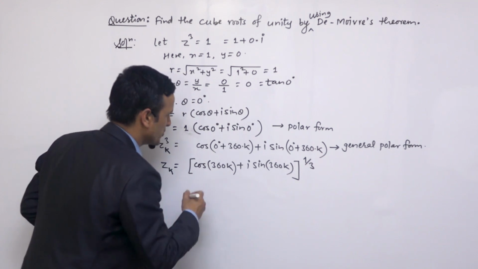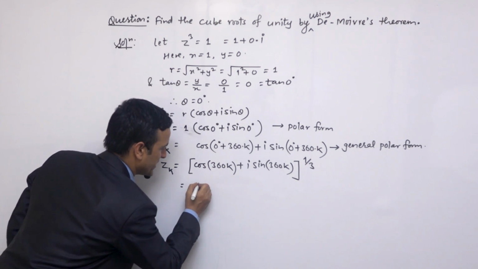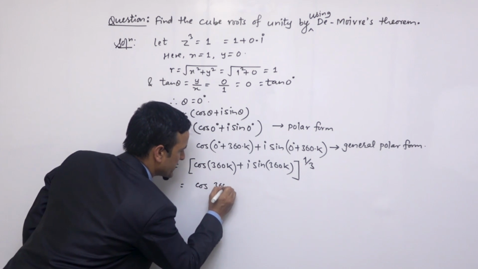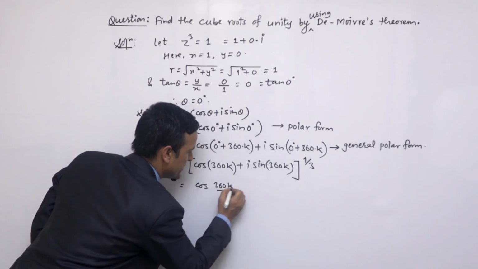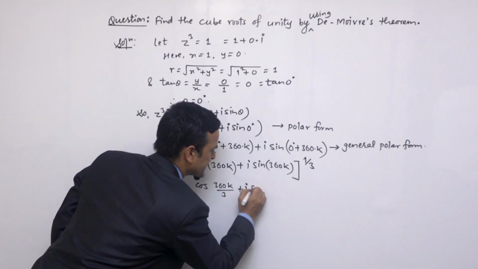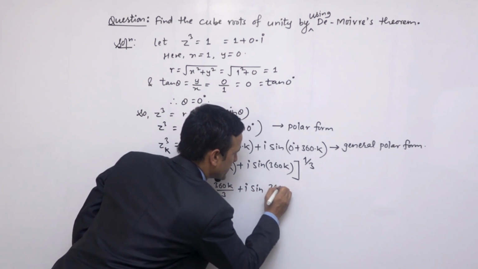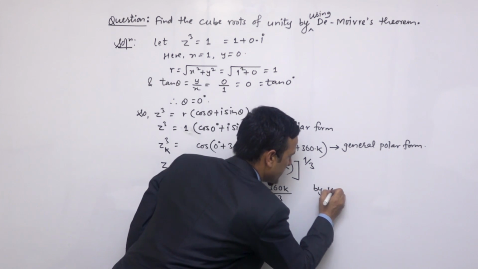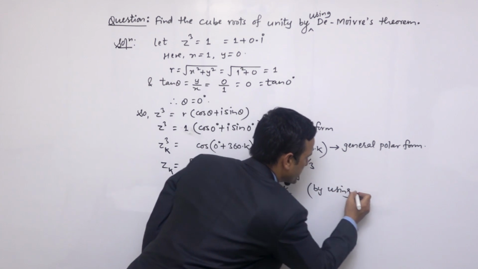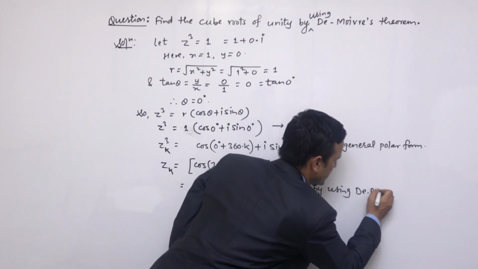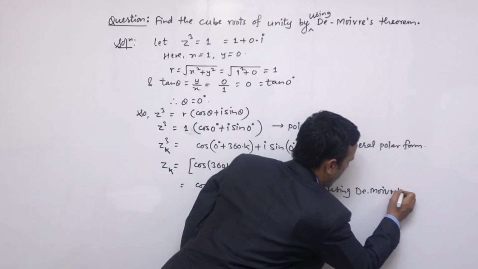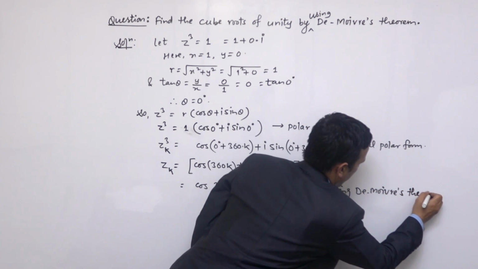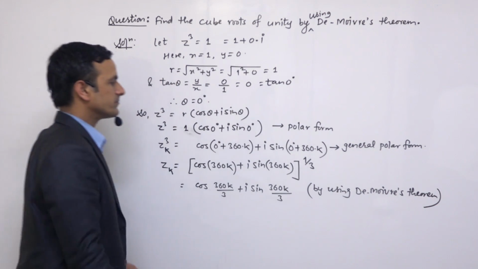Now we can use the de Moivre's theorem. So cos 360k divided by 3 plus I sin 360k divided by 3. So this is obtained by using de Moivre's theorem.